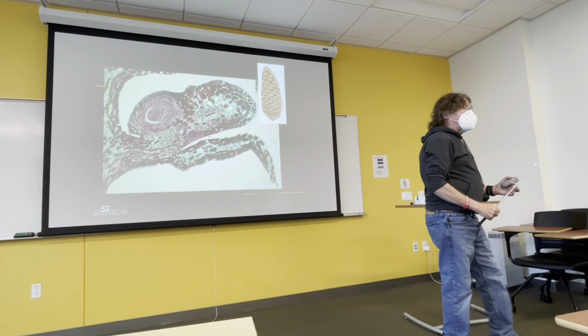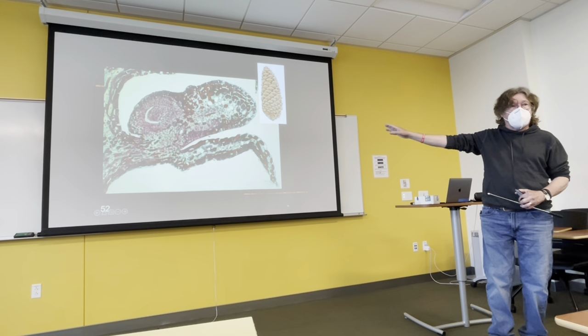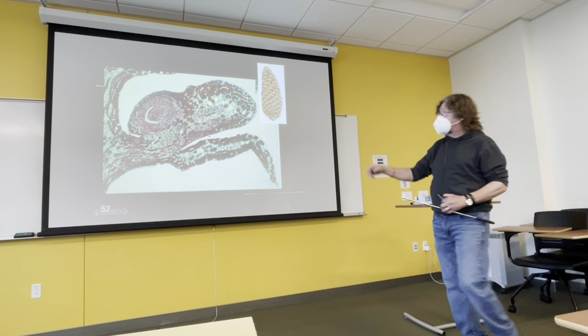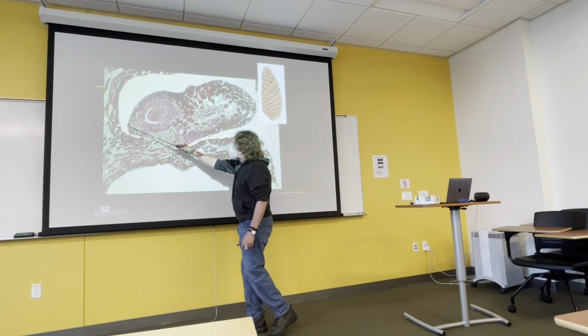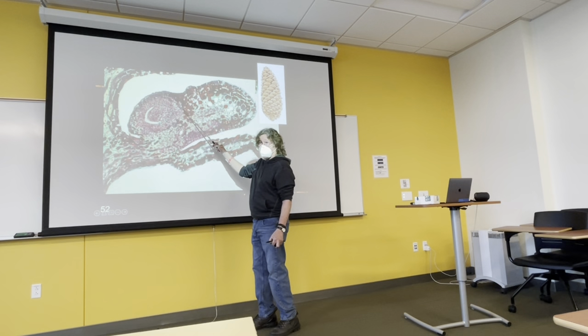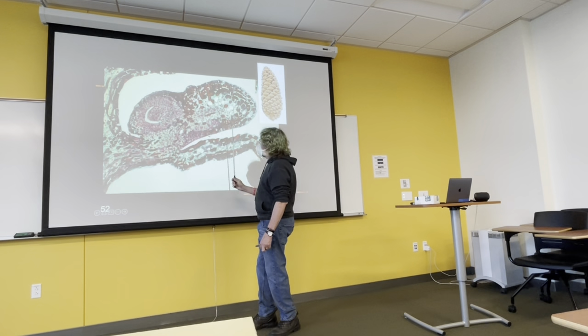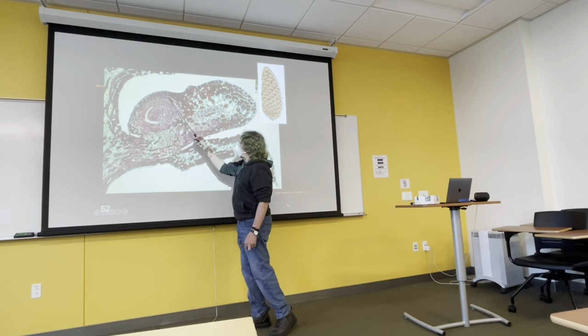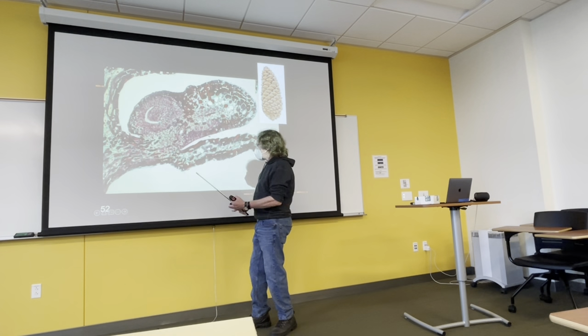Pollination is simply the capture of a pollen grain onto the female ovulate cone. That's pollination, all right? Now what happens here, this part here, is the ovule. Okay, so part of this ovulate cone, part of the megasporophyll, is something here that is called the ovule.